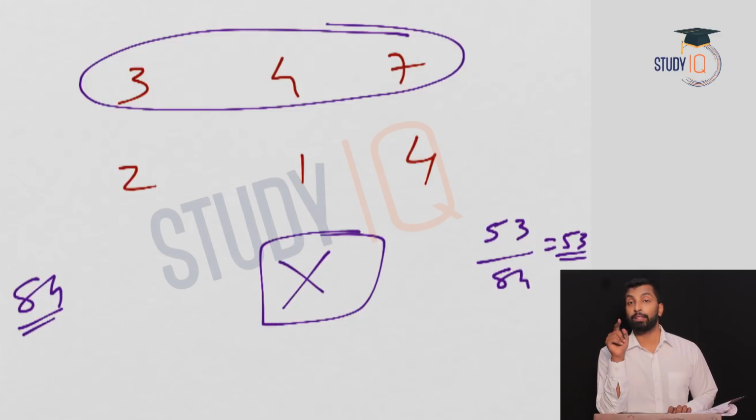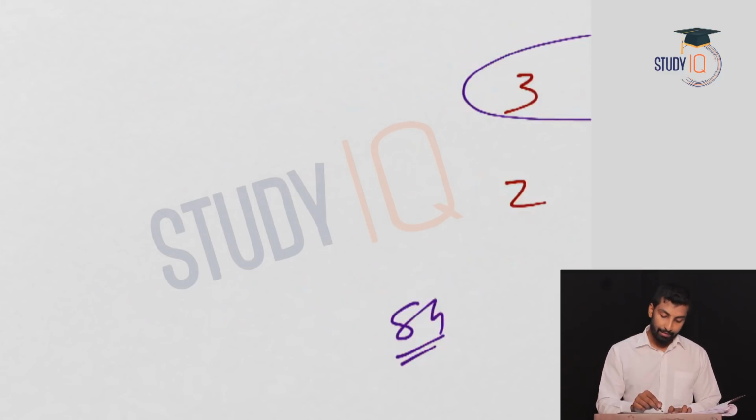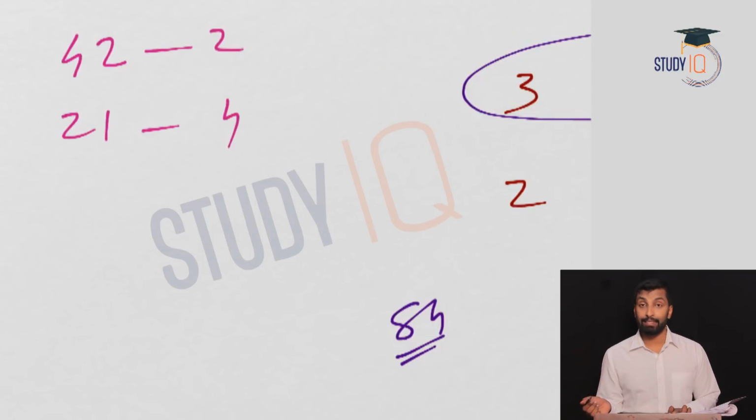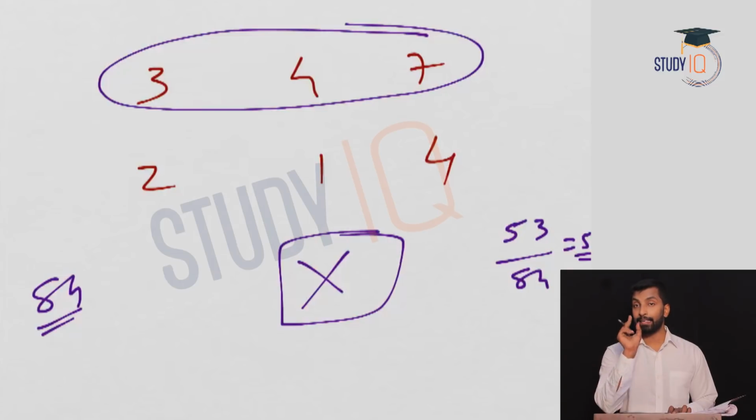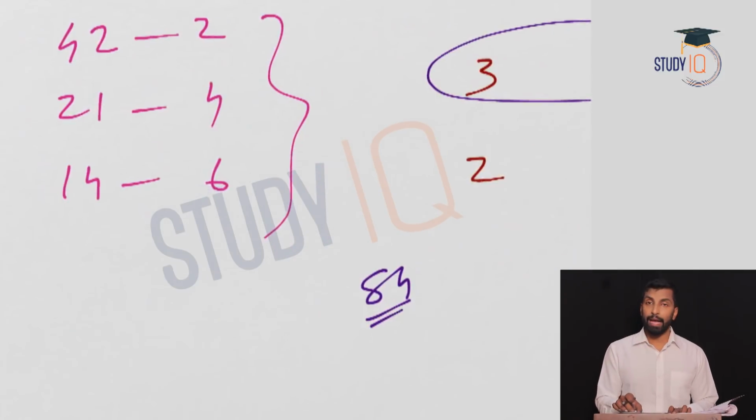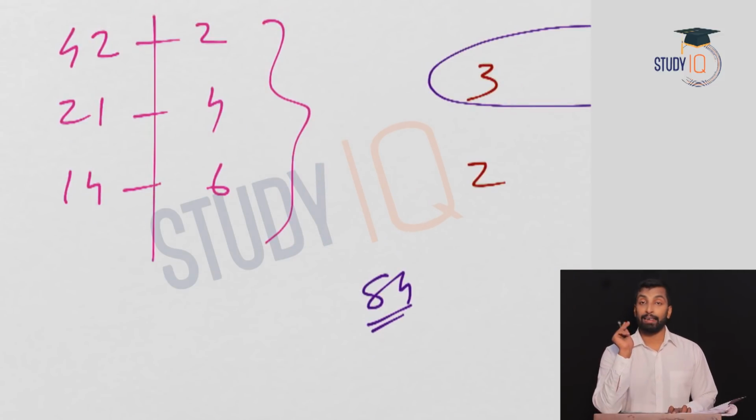Or what you need to do is check whether the divisor which is given is a factor of 84. What are the factors? It can be 42, that means 2 also. It can be 21, 4. Then what else? 14 and 6, right? So if it is a factor of 84, then you can divide, because factors of the common difference will also give you the same remainder.